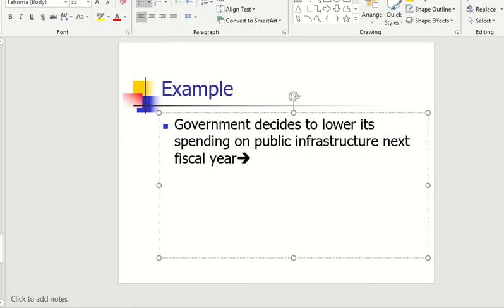So that means government spending is going to decrease. So we are likely to see a decrease in aggregate demand. Okay.